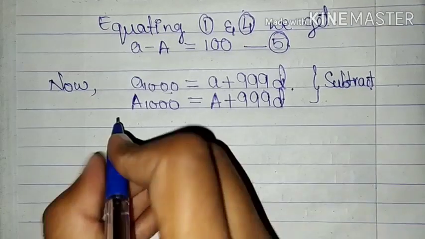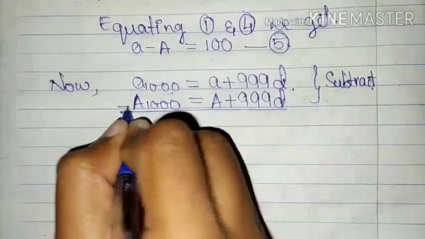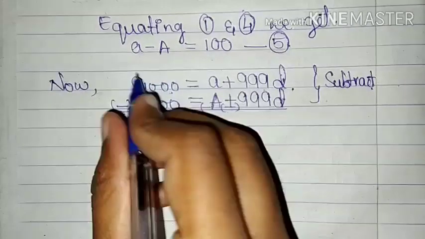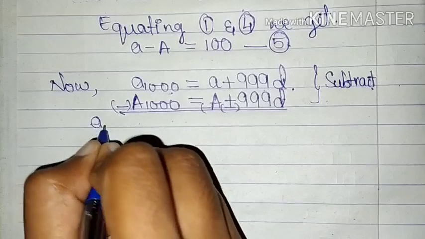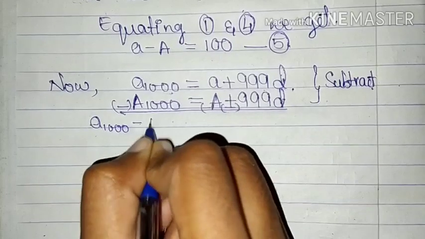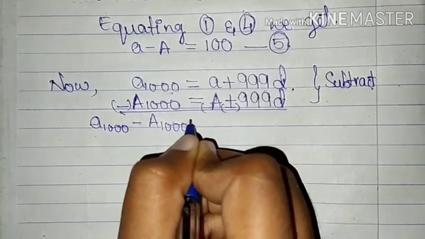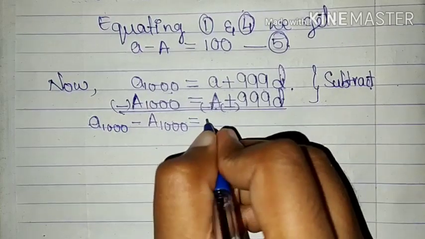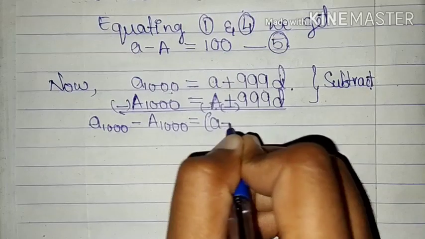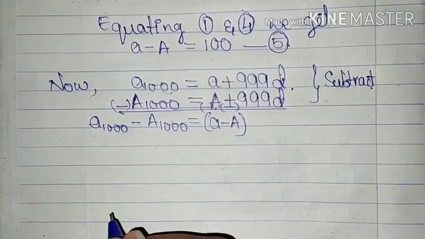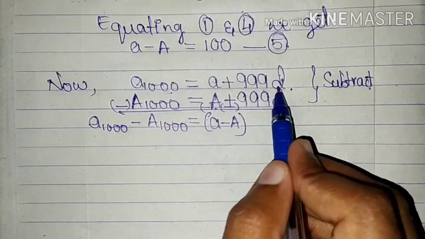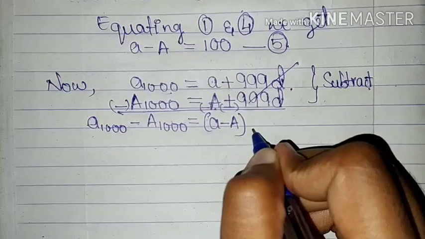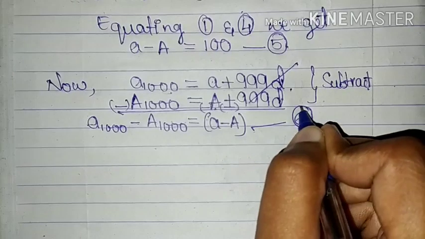Here the signs reverse. On the left hand side, I'll write a1000 minus capital A1000 is equal to a minus capital A, since unlike terms can't be subtracted, whereas 999D minus 999D cancels out. This is our equation 6.